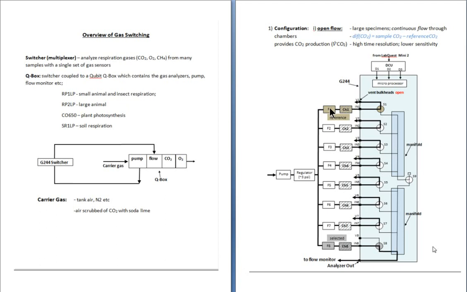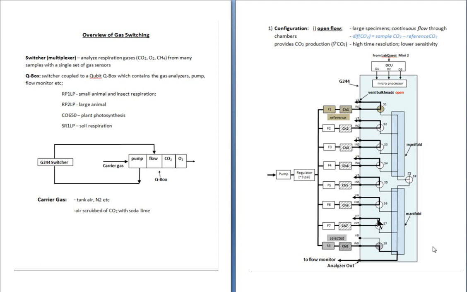For the selected chamber, the gas is directed from the switcher back to the Q box for analysis. For the non-selected chambers, the gas is vented to atmosphere. In order for these vents to be open, ensure that the bulkheads have these small brass adapters screwed onto them.